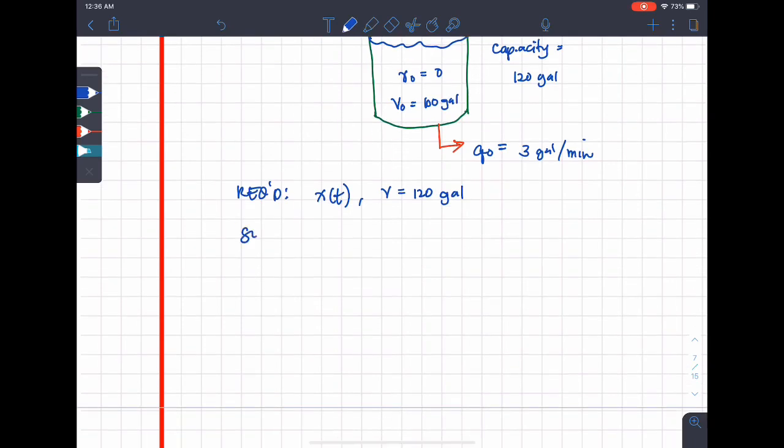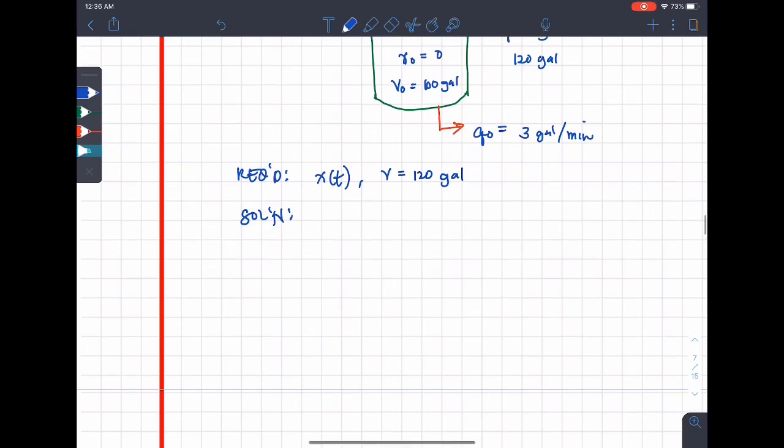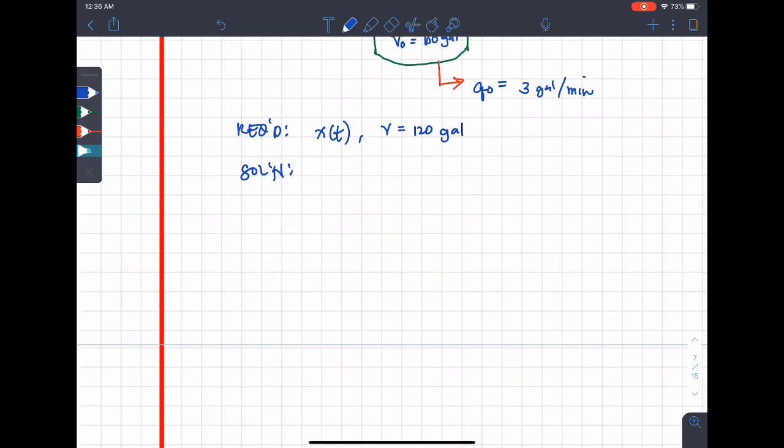For our solution, we will be using the same formula. dx over dt is equal to ci qi minus c out q out.